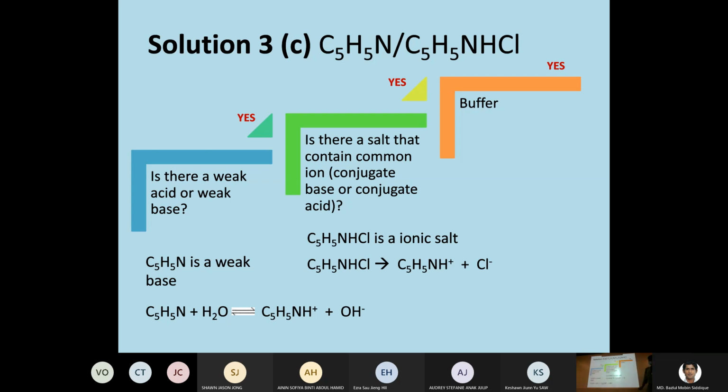So this is the common species, it's the same thing, right? In a buffer solution, both of the chemical compounds should have the same species between them, and that is why they are a buffer. Since they fulfill all the conditions for a buffer, this is a buffer solution.